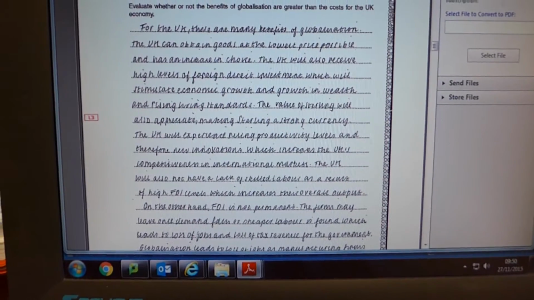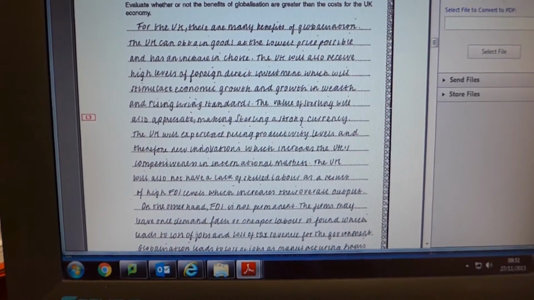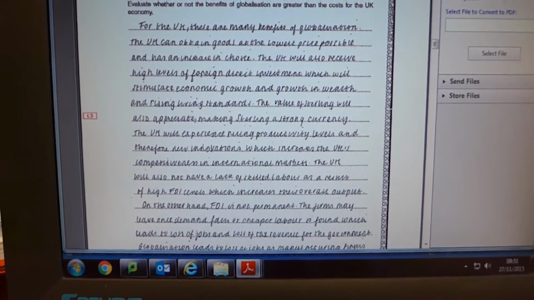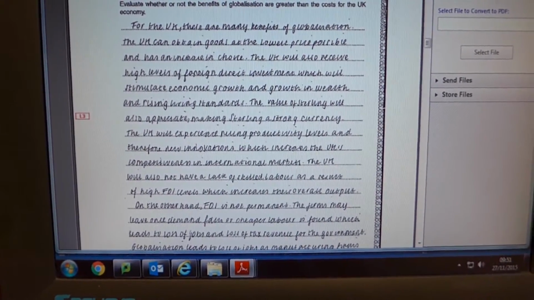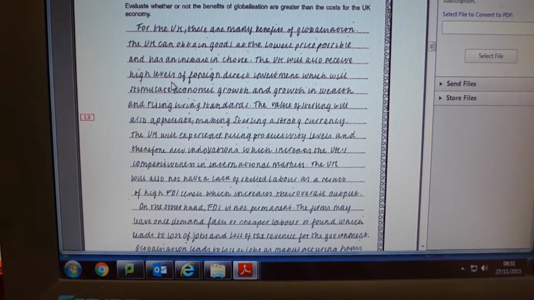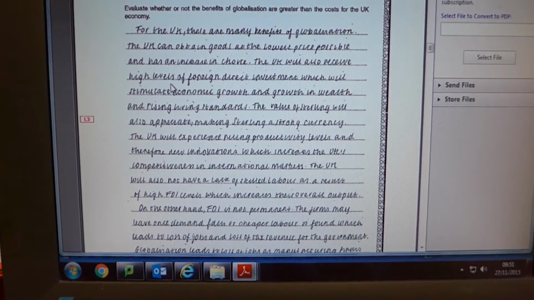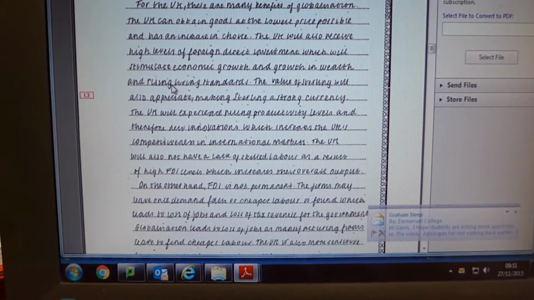For the UK, there are many benefits of globalization. The UK can obtain goods at the lowest price possible and has an increase in choice. The UK will also receive high levels of foreign direct investment, which will stimulate economic growth and growth in wealth and rising living standards.